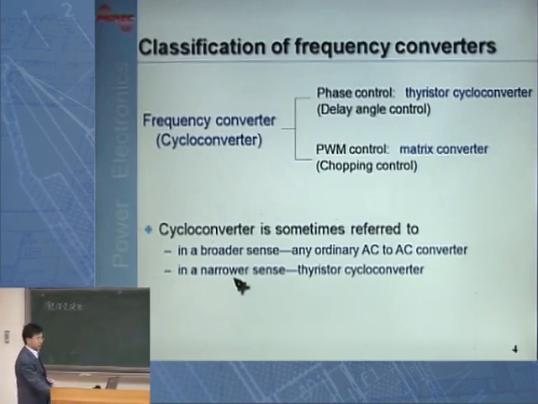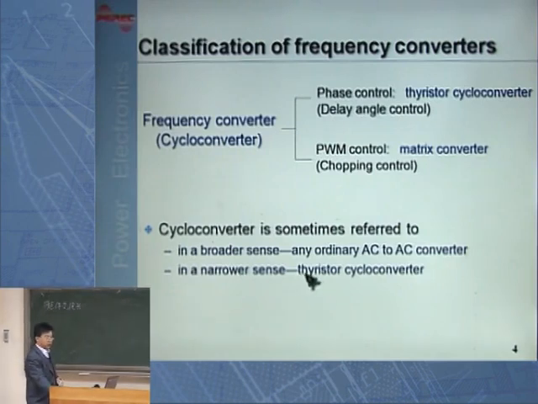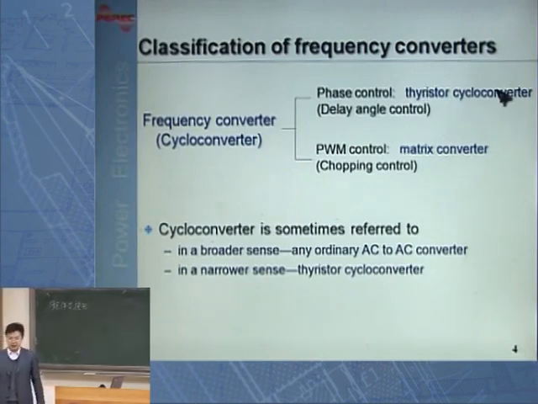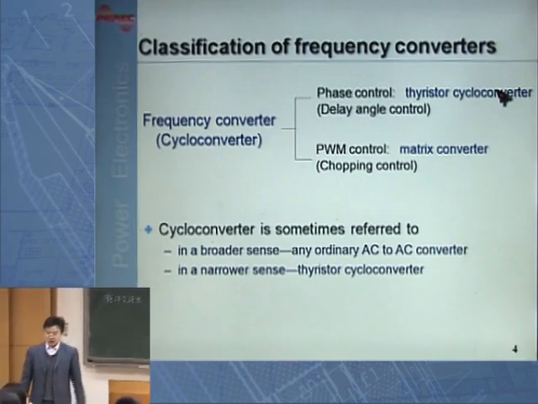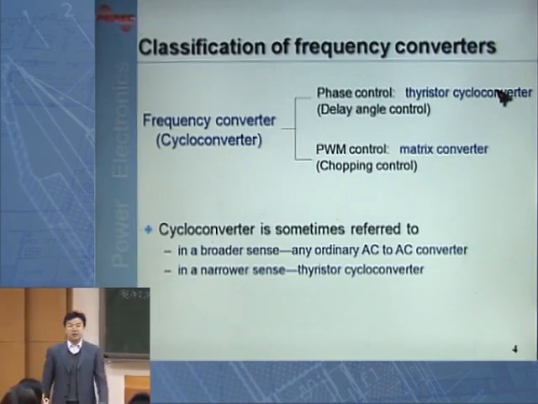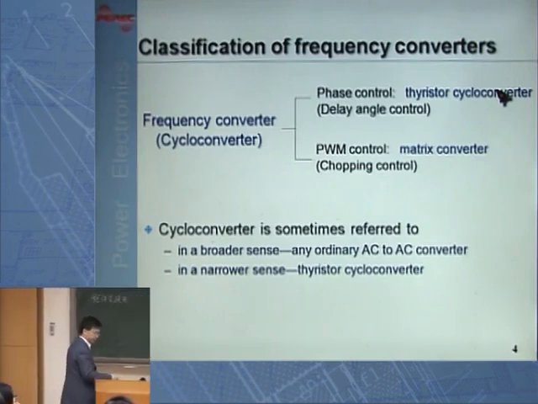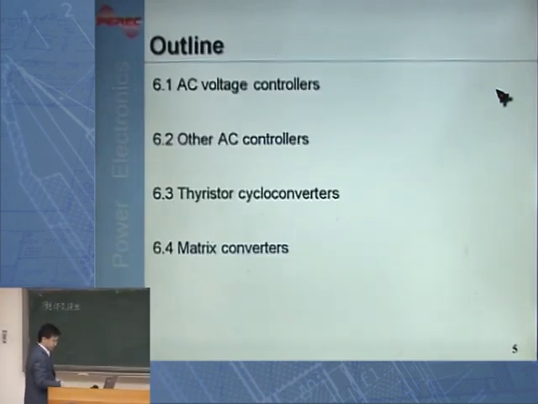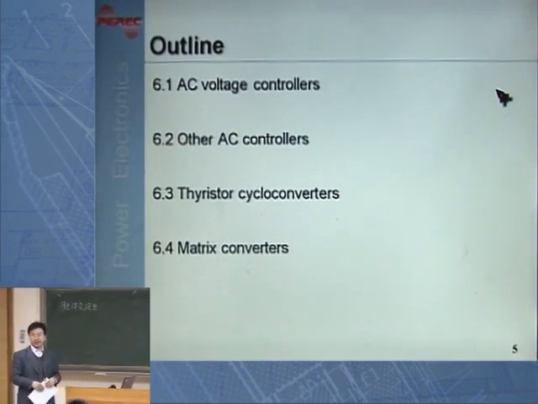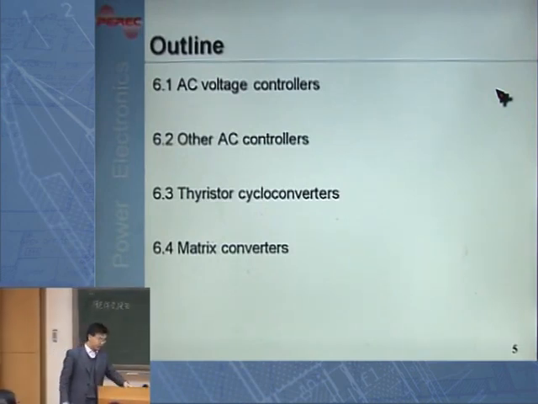In narrow sense, they use this name only for this part. So I just want you to notice this difference. Don't be confused by that. So let's get into all these different power converters in the following discussion.